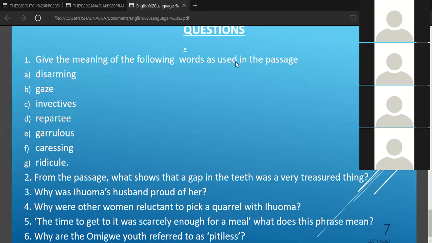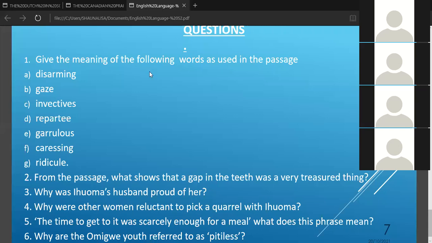Okay, for A, disarming, divine blessing. Anyone giving the answer for disarming? I can try to give the answer.